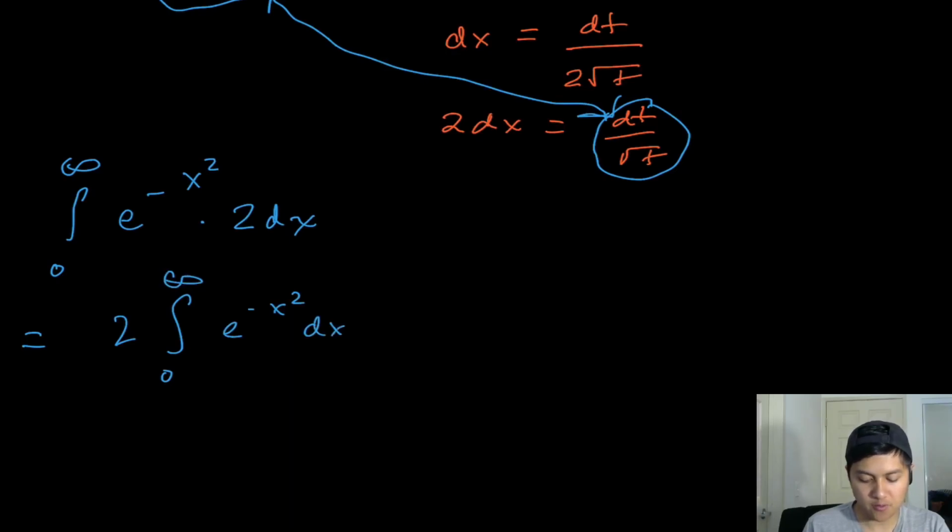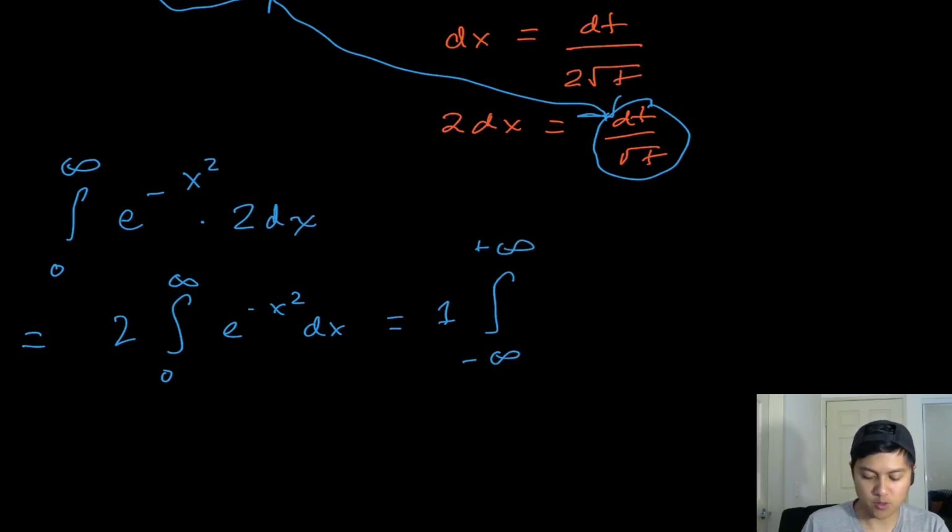This is awfully familiar now. The only thing we need to recognize is that since e to the minus x squared is an even function, going 2 times from 0 to infinity is the same as going 1 time from negative infinity to positive infinity.